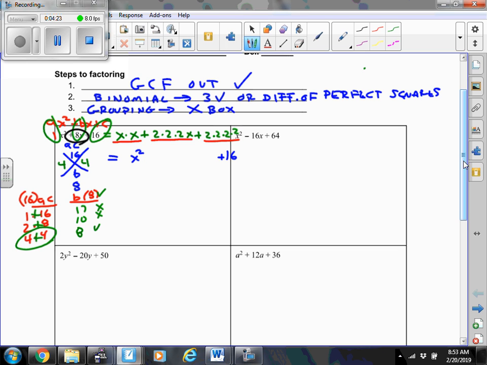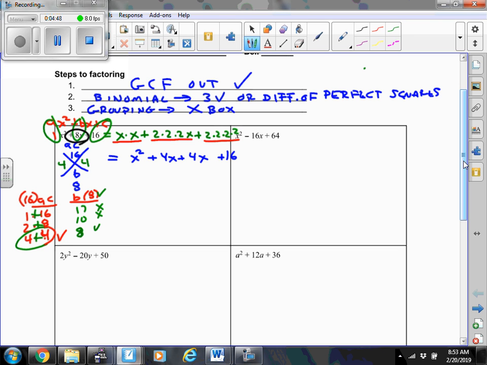So I'm going to write 4x plus 4x. Just to note, if I add these two together, I get 8x, which is what's there. All I'm doing is breaking it apart so I can make groups out of this. Again, where did I get the 4 and 4? I got that from the factors right here, 4 and 4, that matched up to give me that magic number 8, which is our B.